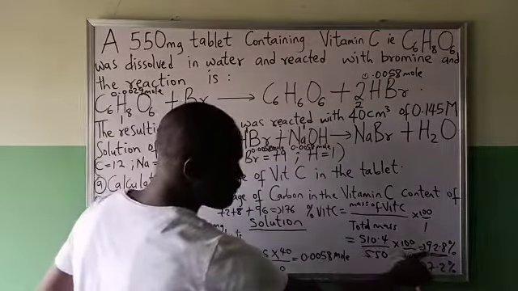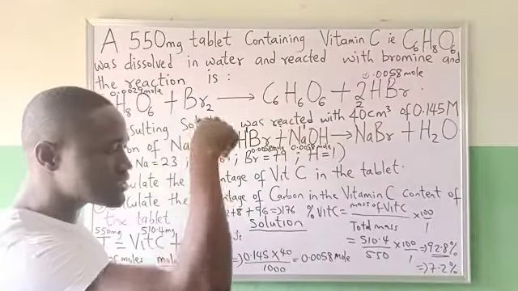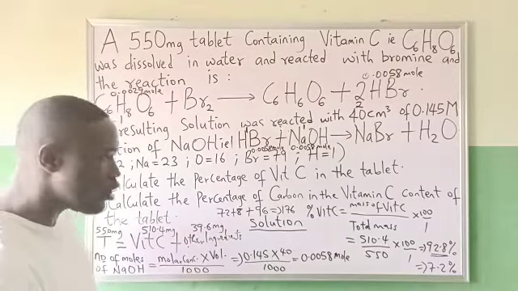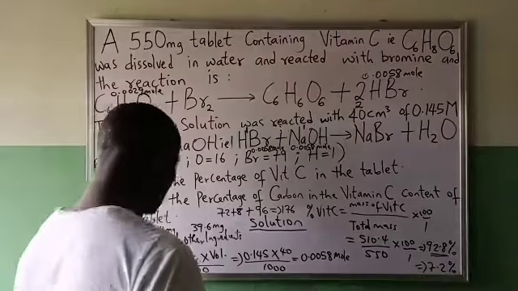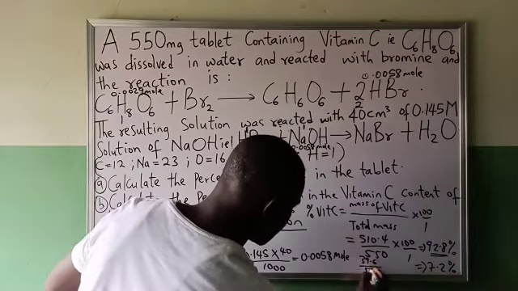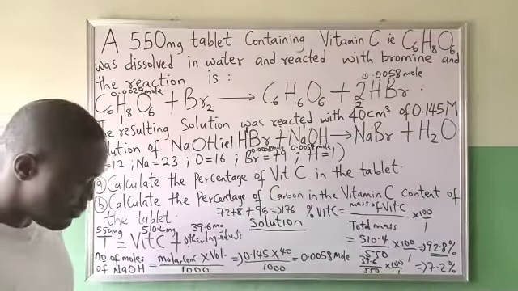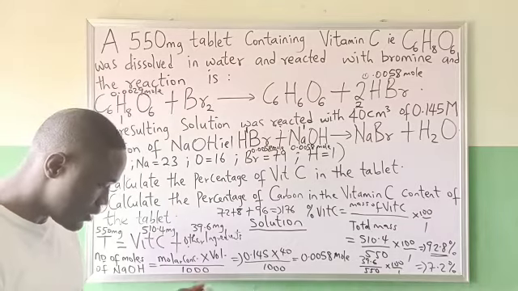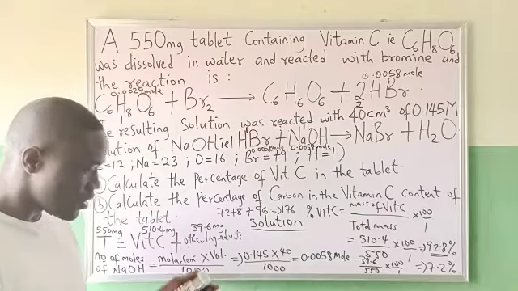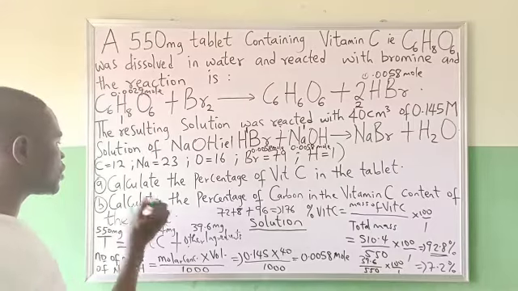The percentage of vitamin C content minus the total percentage, which is 100, gives the percentage of other ingredients. Or you follow the same formula: 39.6 all over 550 times 100/1. The two approaches will give you the same answer. 39.6 divided by 550 is the same. That is correct. Okay, we have solved question number A.